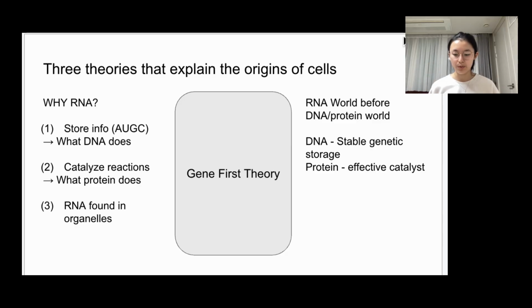Now, the DNA and protein world is pretty much the world of today, in that DNA, which is a much more stable genetic storage molecule than RNA, substituted the function of RNA as a storage molecule. Protein, which is a much more effective catalyst, substituted RNA as well. But essentially, the RNA world hypothesis is that RNA molecules acted as an intermediary stage prior to the coming of the DNA and protein world.